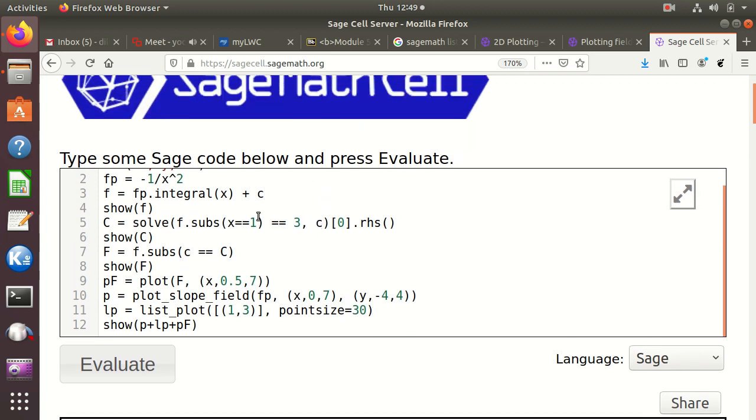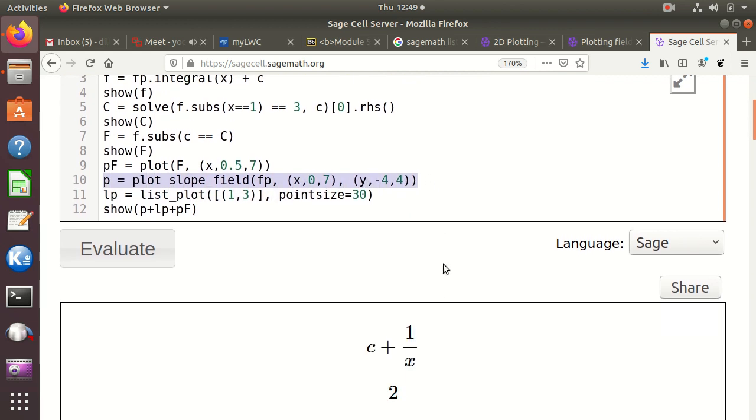But then, if we forget all that as far as finding the actual solution, down here, this plot slope field, that's all it takes to produce that slope field. I say plot slope field, and it's got underscores between the words, and then I have to tell it of what. So I give it FP, the derivative, and I tell it how big to make the grid.